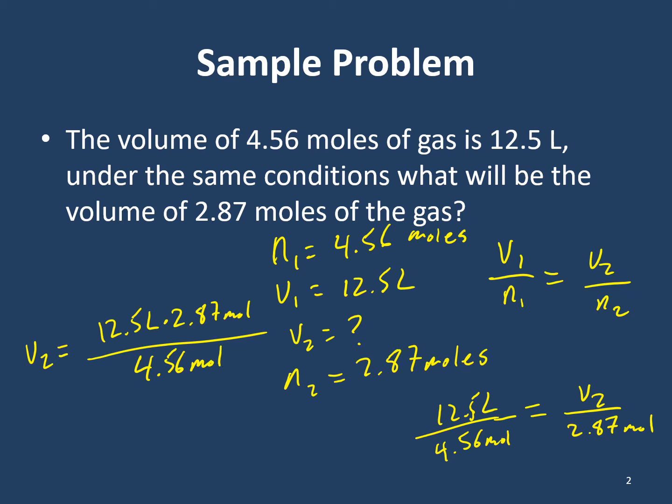And solving for V2 gives me that the volume will be 7.87 liters of gas. As we look here, moles cancel, and we're left with liters as our answer. And so here we go.